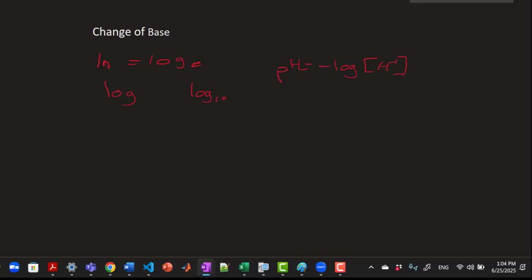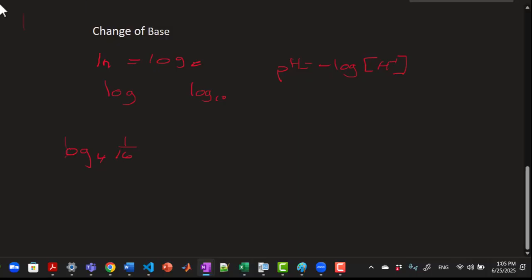So you have the common log and you have log base e, but you don't have to have a base of just e or 10. I could have log base 4 of, say, 1/16. And if you remember what that means, I'm trying to figure out what value that is.